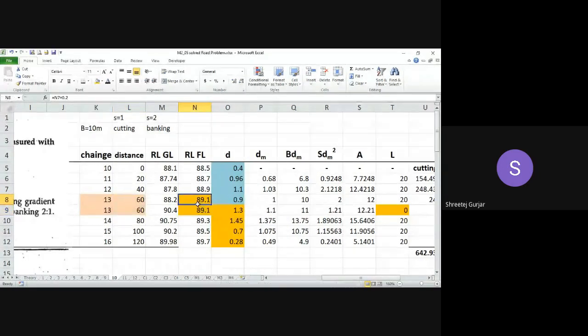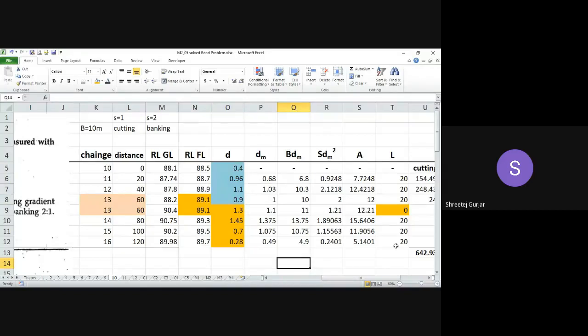Similarly, over here you may make a mistake where you write the formation level several times and continue. The formation level has only 1 point, as I've shown you in the figure. Next, what about D? You have to calculate RL of formation minus ground level. Then you can separate them out as cutting and banking, as I've shown you in blue color.